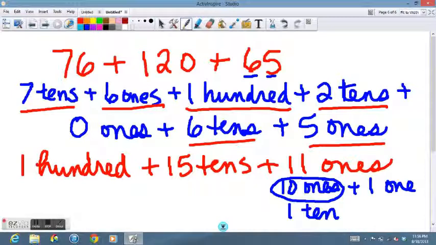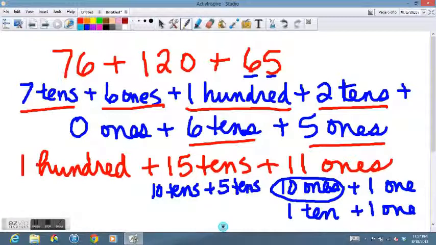Okay, because that's 10 right there. Alright, now, so let me just copy that down. Now let's look at our tens. We have 15 tens. Well, 15 tens is actually 10 tens plus 5 tens. Well, 10 tens is 100, isn't it? I'm just going to abbreviate that.